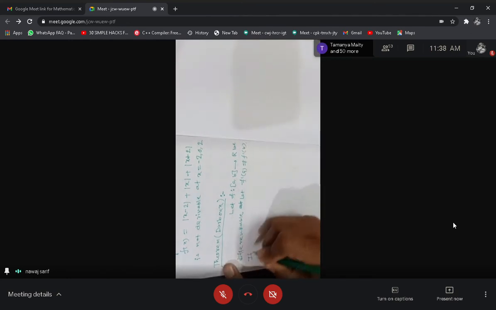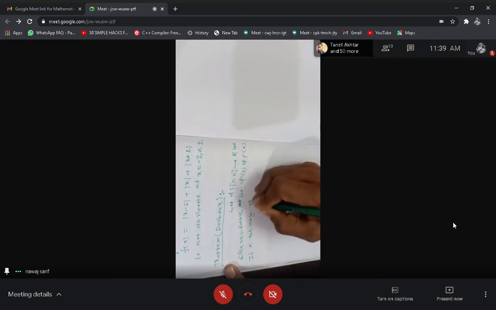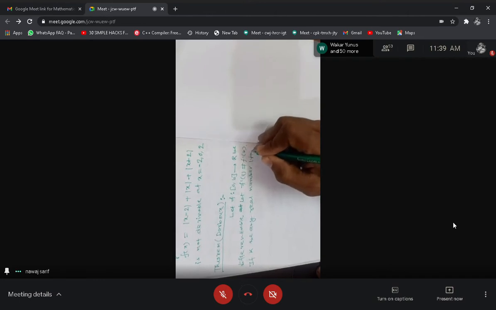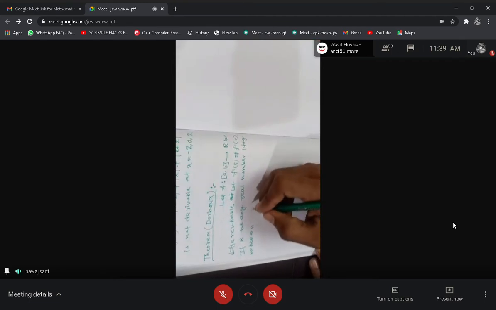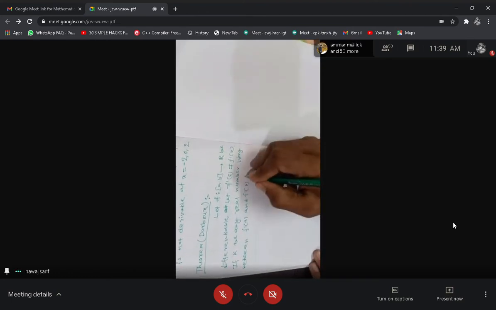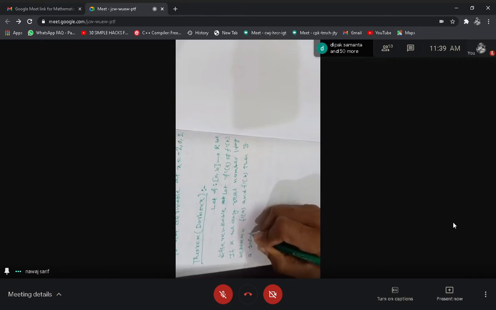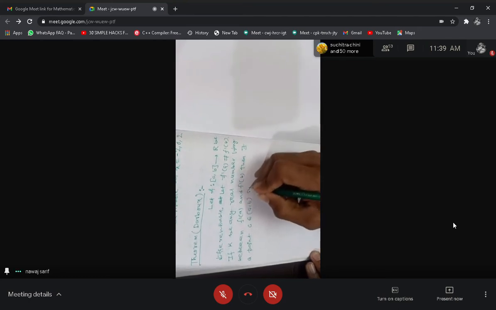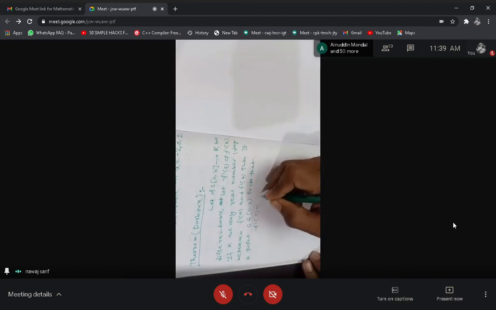Now if k is any real number lying between f dash a and f dash b, then there exists a point c belonging to (a, b) such that f dash c is equal to k.